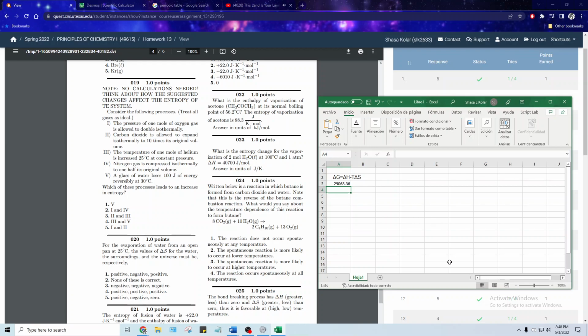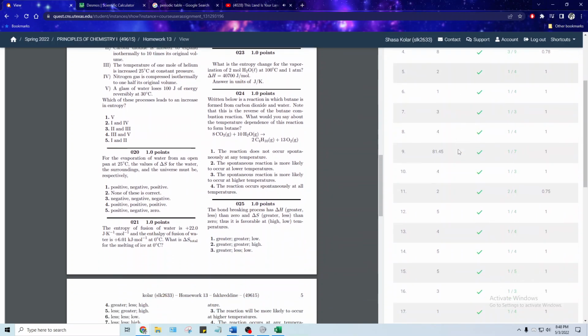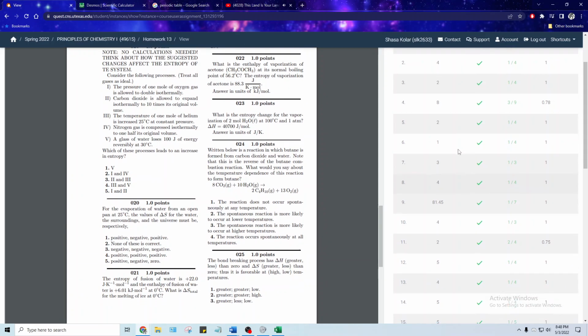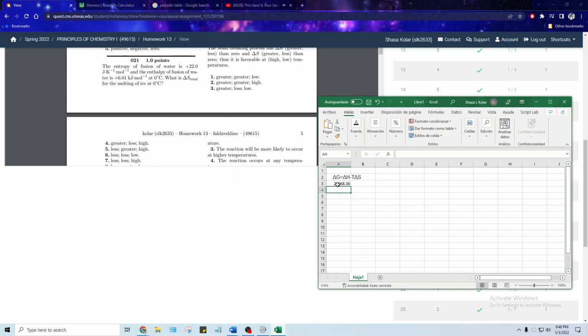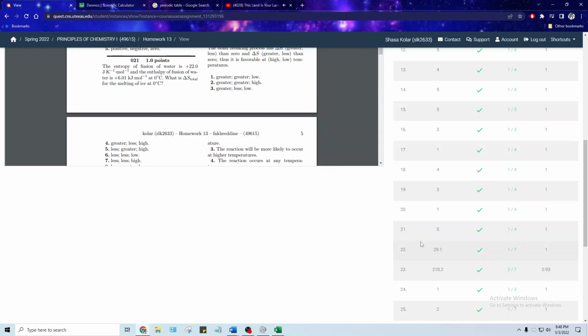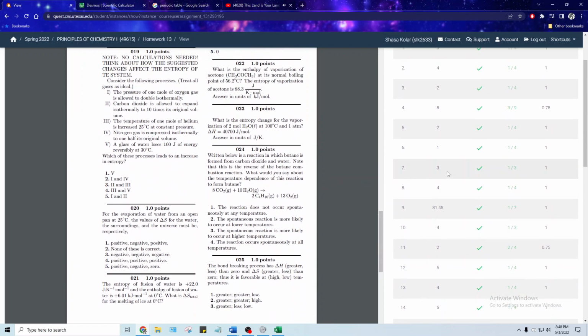So this is how many kilojoules our enthalpy will be, because it's at the point of equilibrium. So if you add these together, they have to be 0. As we can see for number 22, it's 29.1. You divide by 1,000, you round up, and you get 29.1 kilojoules. And that's our answer.